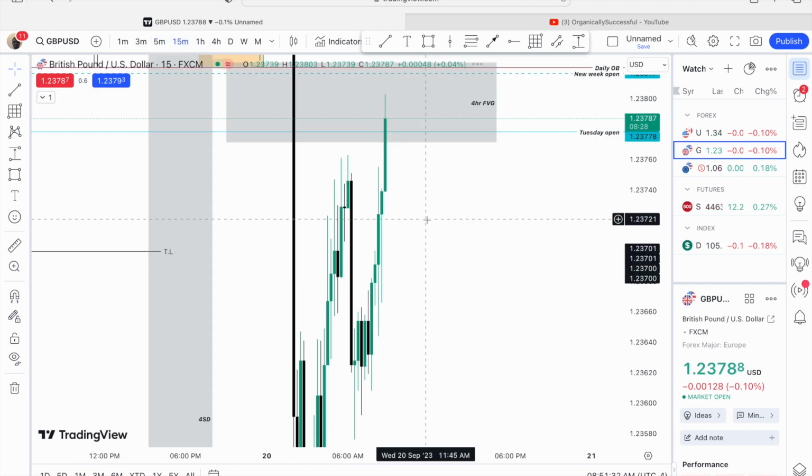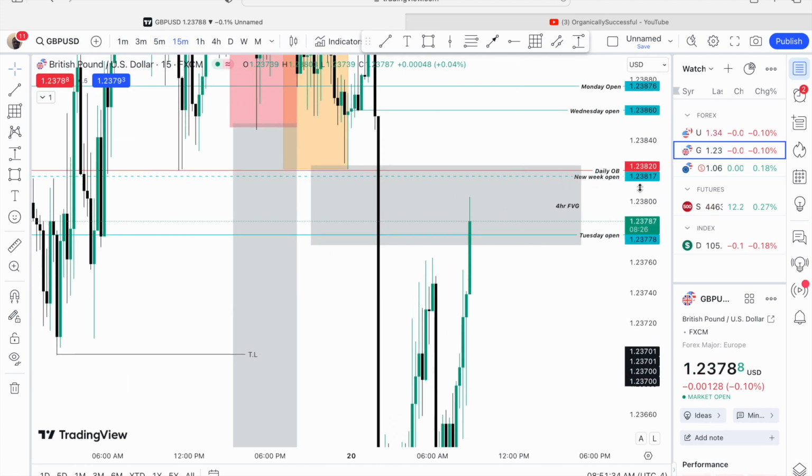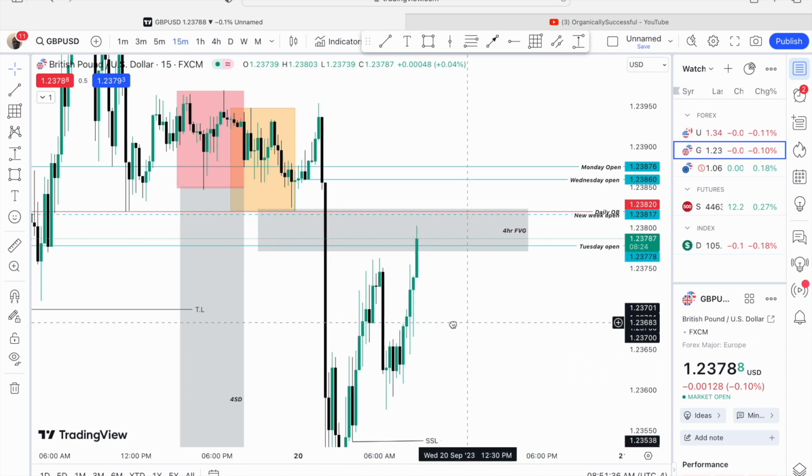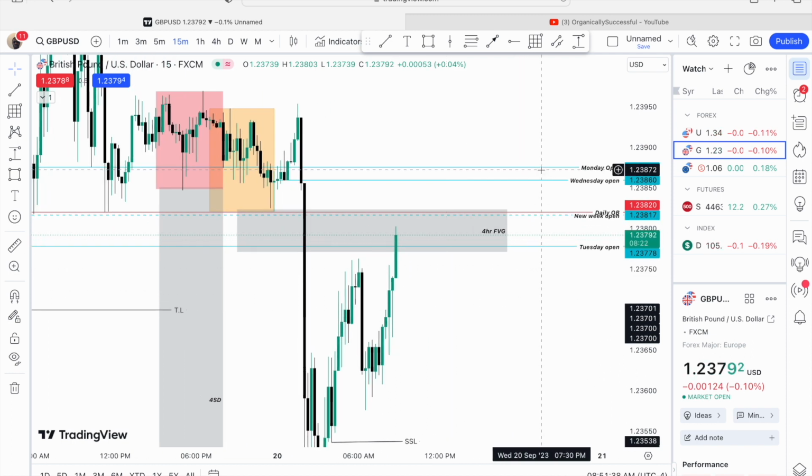So you see price trading back up into Tuesday low. You see the week start on a Monday, then we see Tuesday open underneath Monday, so that means Monday was a bearish day because it opened lower. It had price go up, but it closed lower. Then Wednesday closed above Tuesday, so Tuesday was pretty much a bullish day.